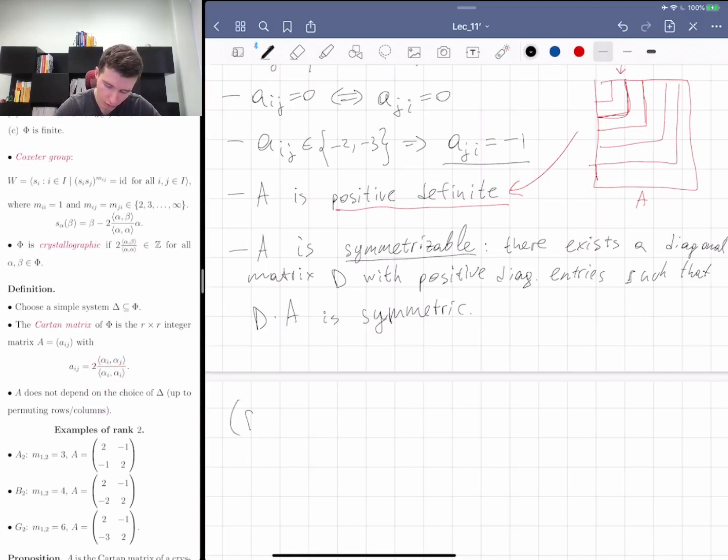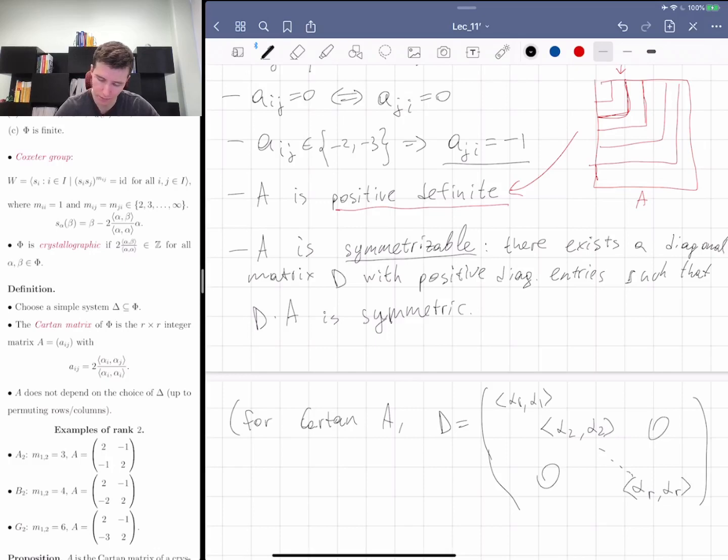So for a Cartan matrix A, you can set D to be the diagonal matrix whose entries encode the squared lengths of these simple roots, with zeros off the diagonal.